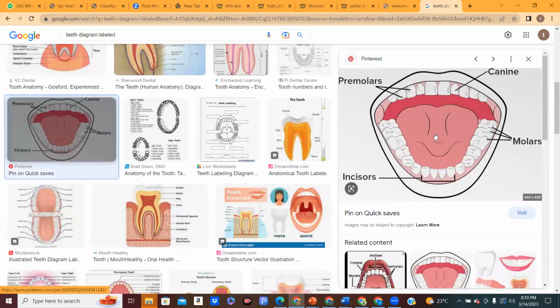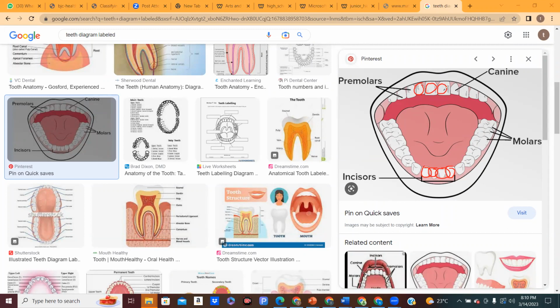I think this is probably the best image right now. So these are your incisors. Let me just shade it in. So this one right here, this is your incisor. 1, 2. How many at the bottom? 4. Very good. 3 and 4. That's 4 incisors, and then on top we have 1, 2, 3, and how come we're going wrong?